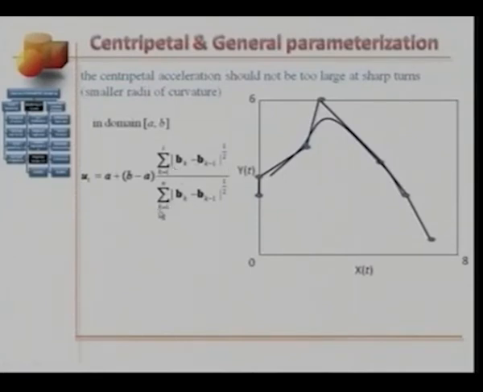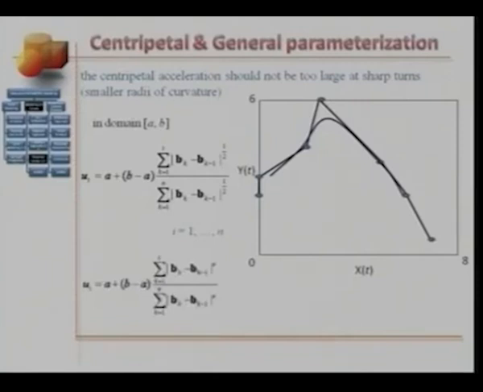In the denominator, we have k equals 1 to n in the summation of the absolute value of bk minus bk-1 raised to half again. Here the index i is going from 1 to n.